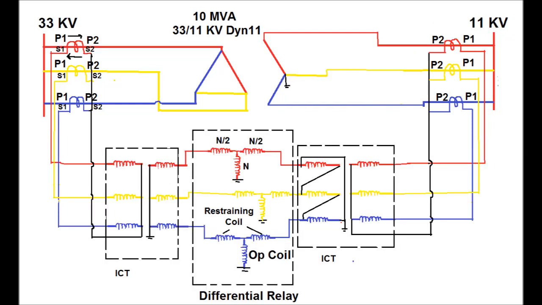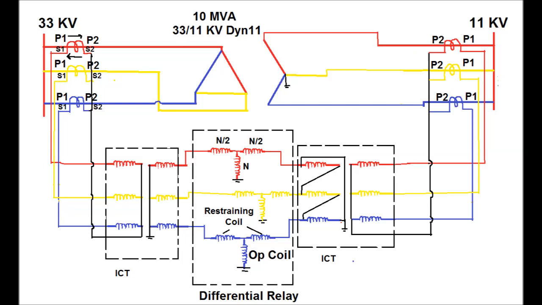Now the differential relay. The differential relay connection has been shown in this figure. Here both the HV and LV side CTs are required for the differential relay. Again, for phase and magnitude matching, the ICTs are used on both the HV side and LV side as shown in this diagram.